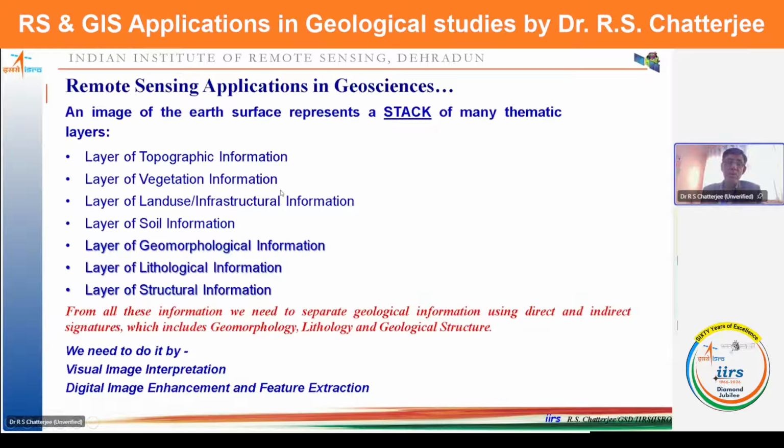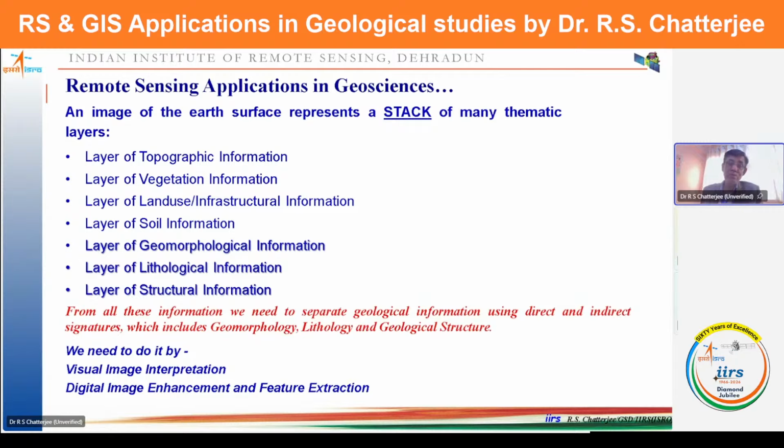Topographic undulations will give you the shadow effect, the vegetation cover, depending on the vegetation type and density, then land use and infrastructure information, then soil information. Along with that, there is geomorphological information, then lithological, rock type related information, and geological structures.